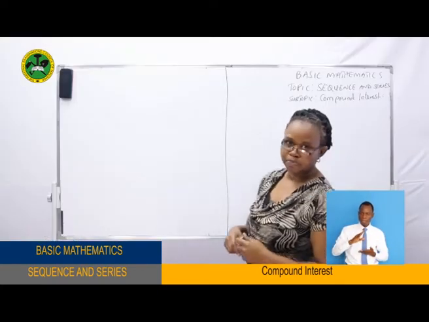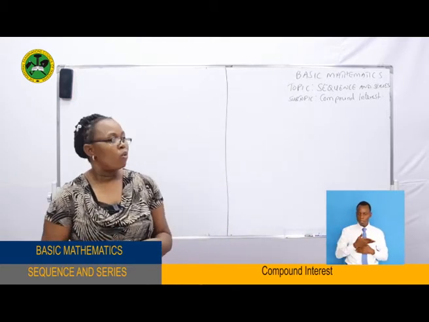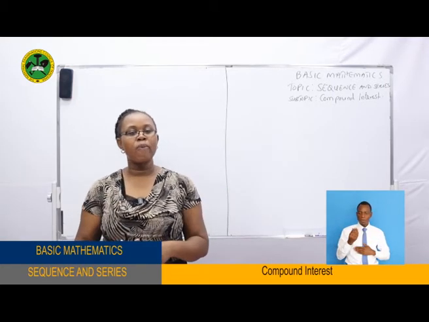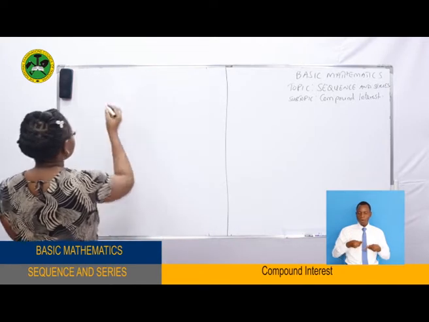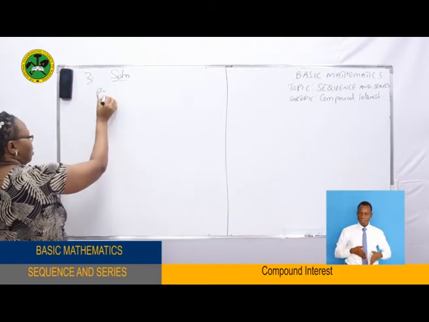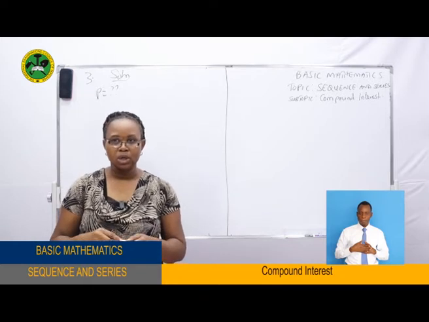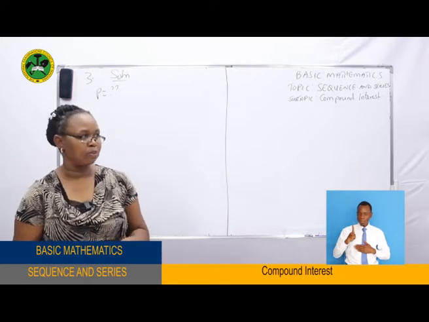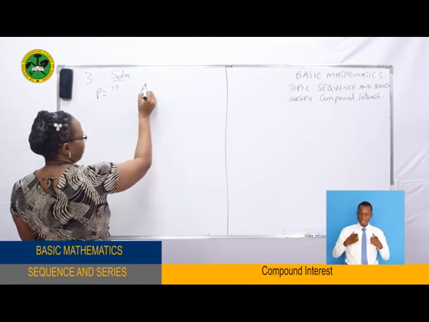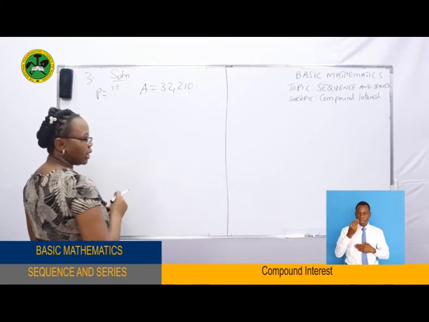So, my dear students, from our question, we are supposed to find the principal, the amount Wajasiriamali Group deposited. We don't have the principal from our question, so we are supposed to find it, but we were given the amount of money, which is 32,210.